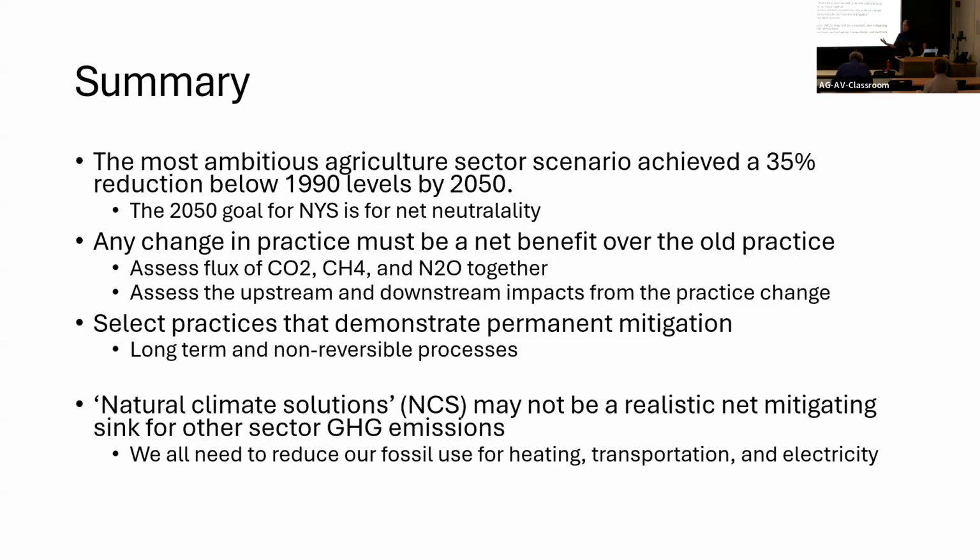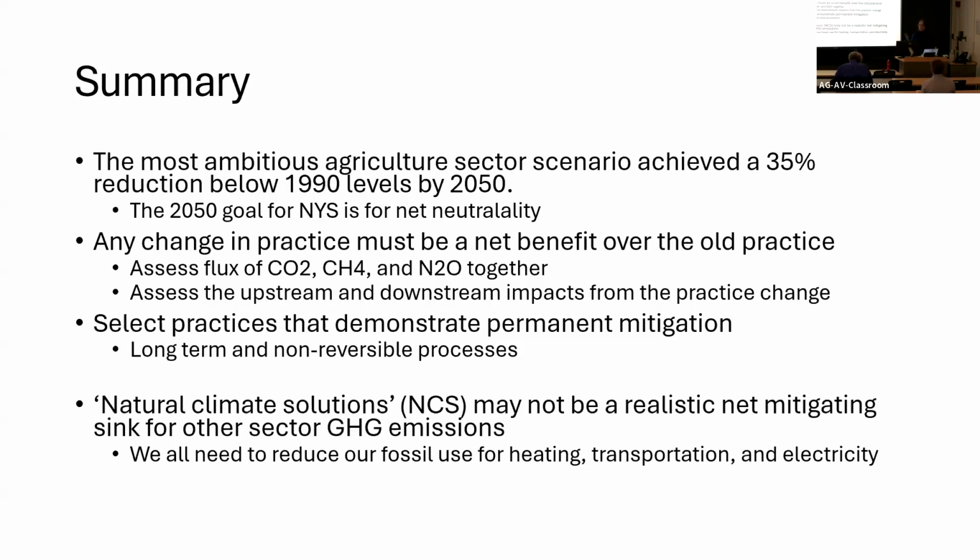We promote strongly practices that demonstrate permanent mitigation, right? There are all kinds of reasons to do all kinds of things, right? But if we have limited funds, let's do the practices that cause permanent mitigation, right? So that we can know that we're bringing down the global total.